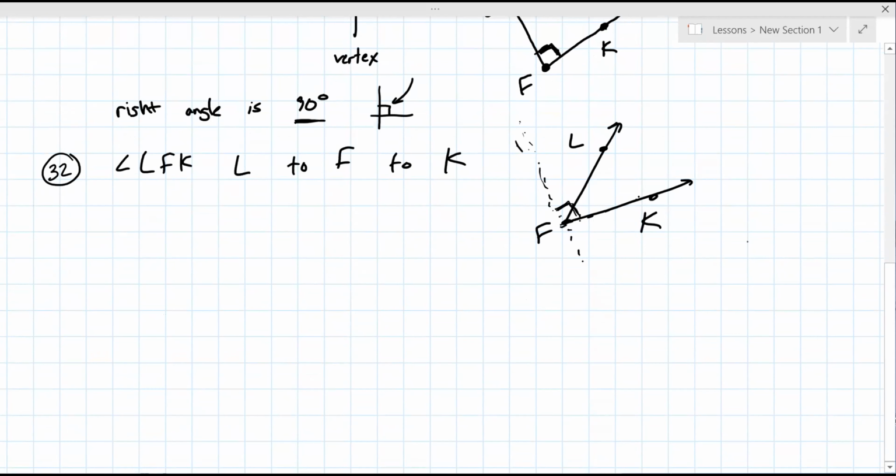So this angle, L to F to K, this thing that I'm drawing in here, is less than 90 degrees. So that's called an acute angle. That's the definition of an acute angle. It's less than 90 degrees.